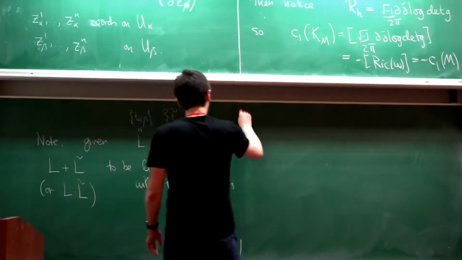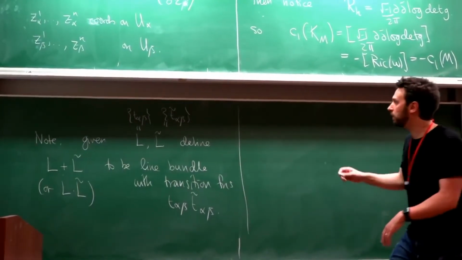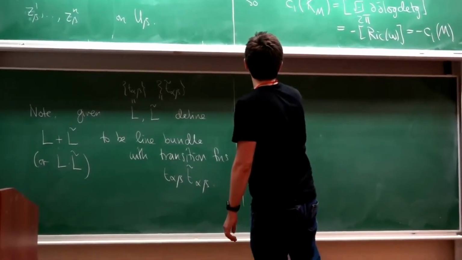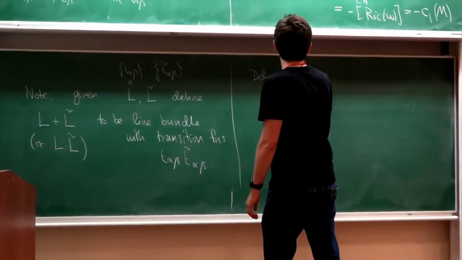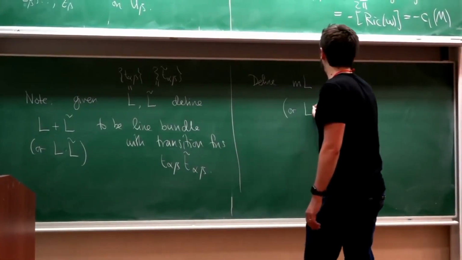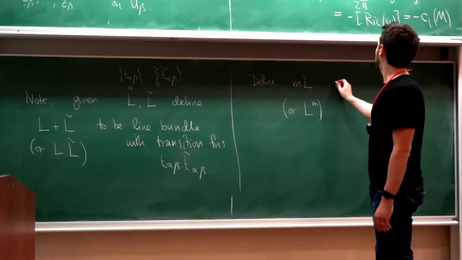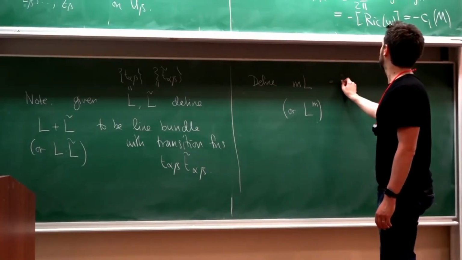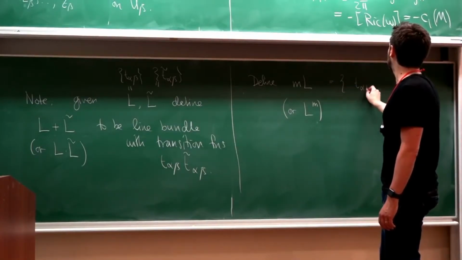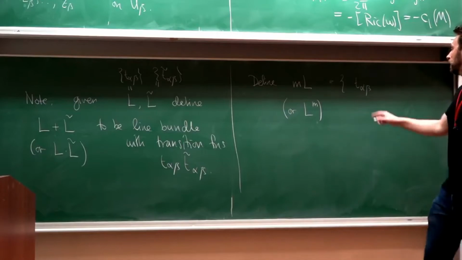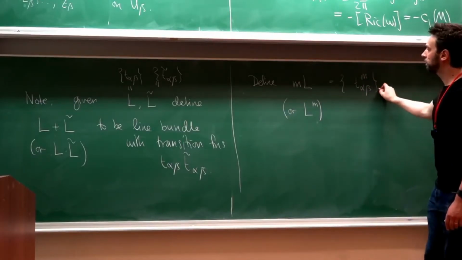And then similarly, you can raise to the power. So we can define mL, or you can also call it L to the m. So there's two different notations for the same thing. You just take t alpha beta and raise it to the power m.